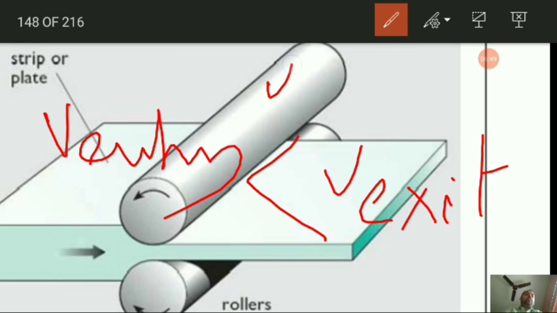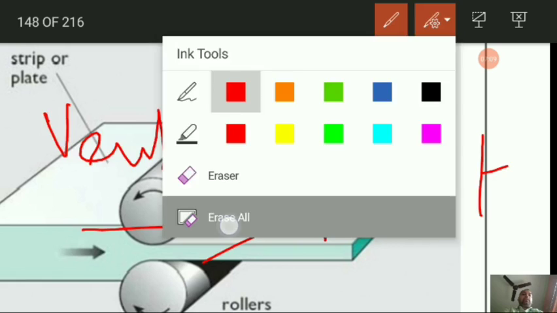So this roll velocity, say VR, remains constant, but the velocity of the stripe keeps on changing. Somewhere in the contact length, the velocities of the metal and rolls are the same, which is designated as the neutral plane. So I can write it for you, this is very important.